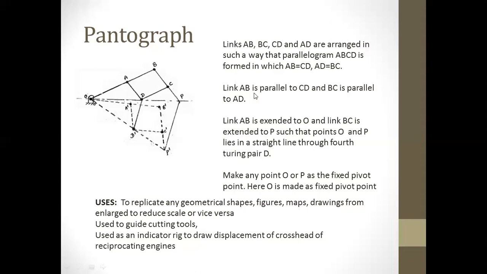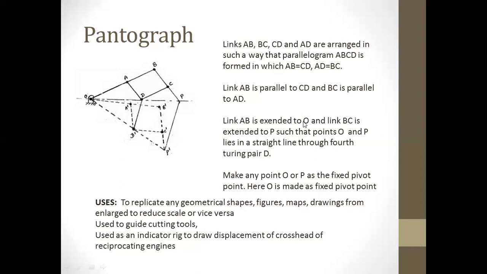Link AB is parallel to CD and BC is parallel to AD. AB is equal to CD and AD is equal to BC. So it forms a parallelogram, which is required here.